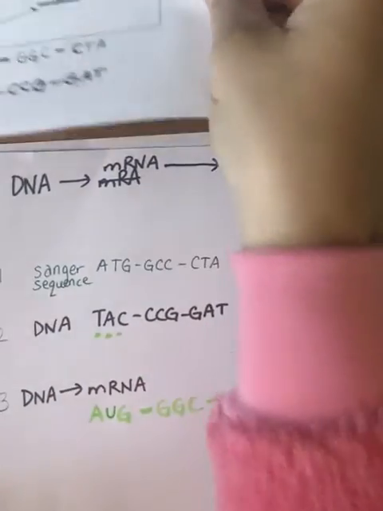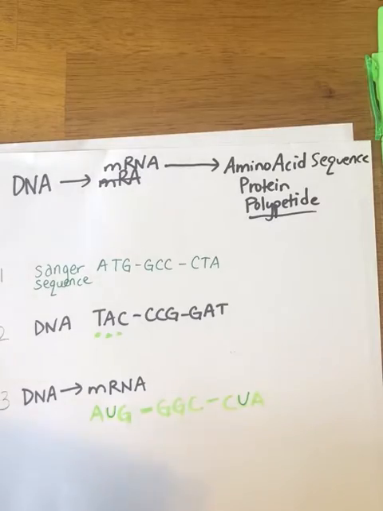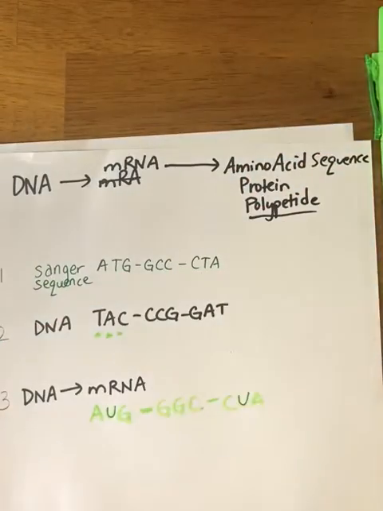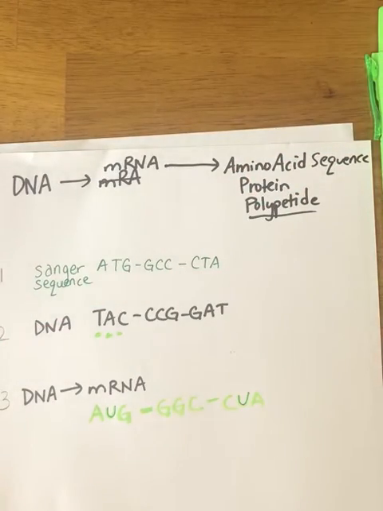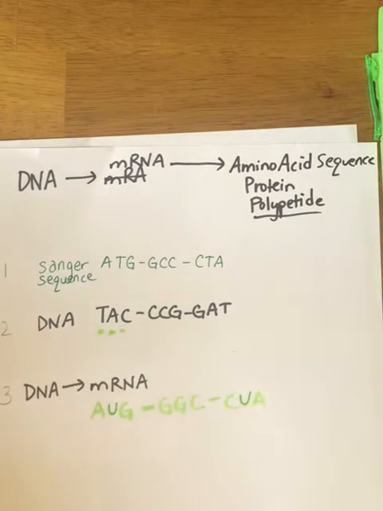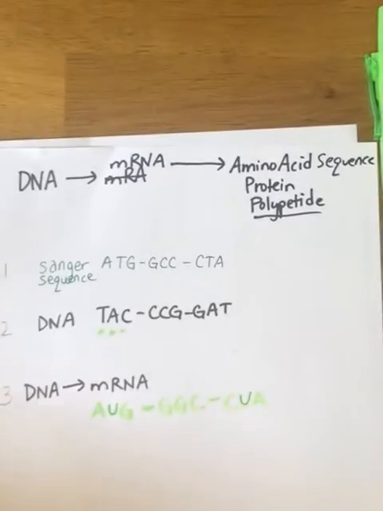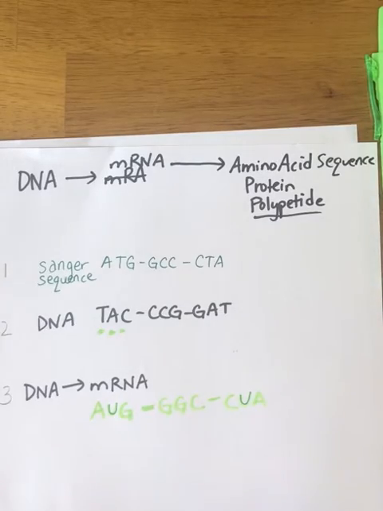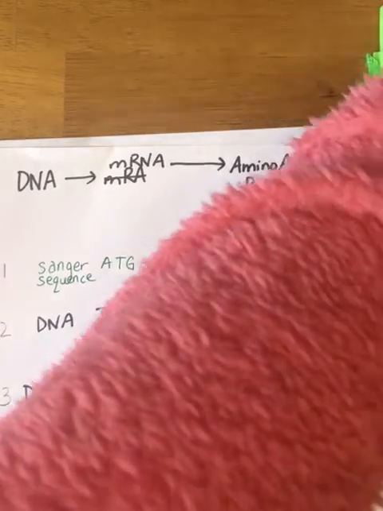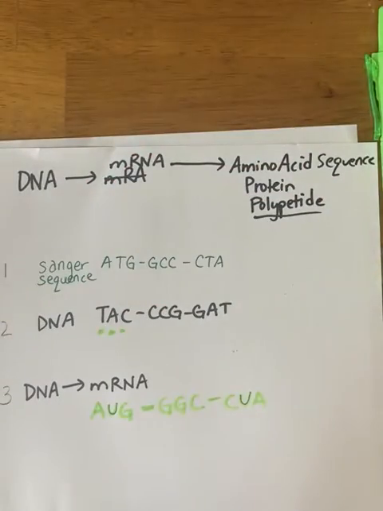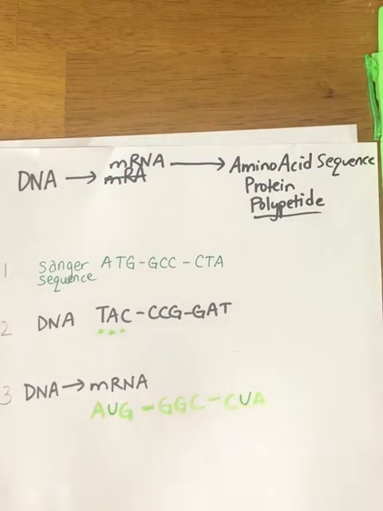I'm looking for a piece of paper that I need to show you. Of course, I lost it. In your lab, you're going to have a chart that is the genetic code. The genetic code is going to be used to help you figure out your RNA amino acid sequence.